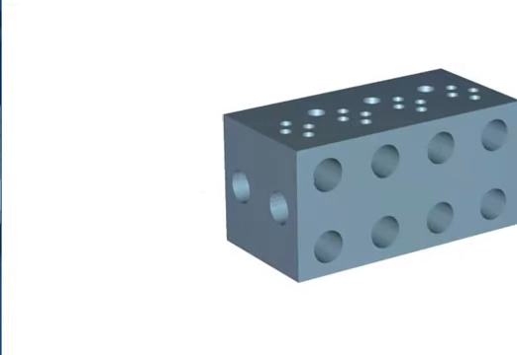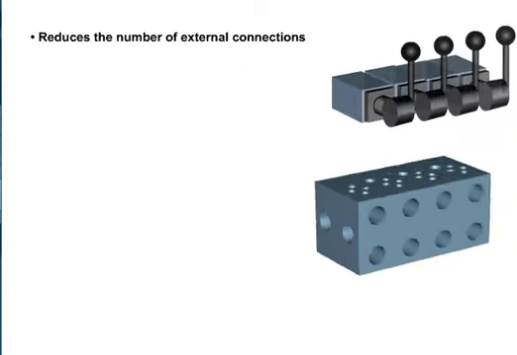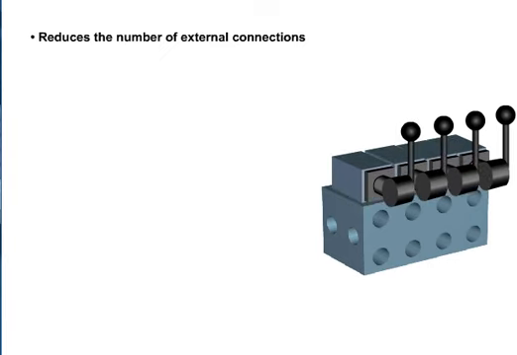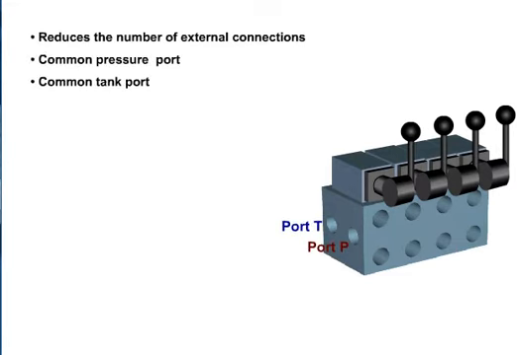As the number of connections in a hydraulic system increases, so does the possibility of leaky fittings. Hydraulic manifolds drastically reduce the number of external connections required. Manifolds used for modular valve stacking incorporate a common pressure and return port, with individual A and B work ports for each valve station.